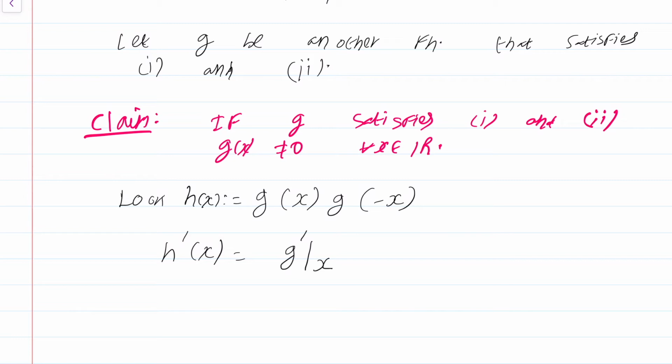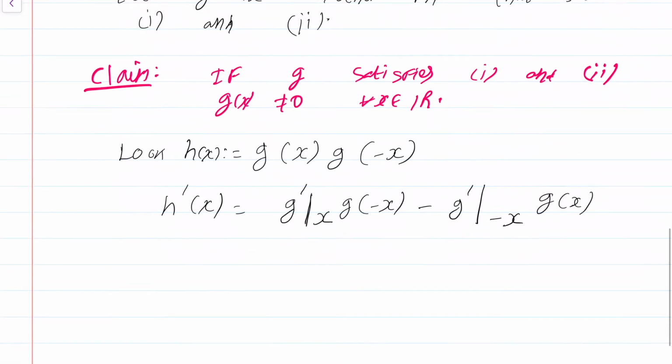So I'm writing a bar and x at the bottom to say that I'm first taking the derivative, then evaluating at the point x, times g of minus x. I'm just applying the product rule. Then I have to differentiate g of minus x, which by chain rule is just minus g prime. So that's why there is a minus sign. So it's minus g prime, but this time evaluated at minus x, into g of x.